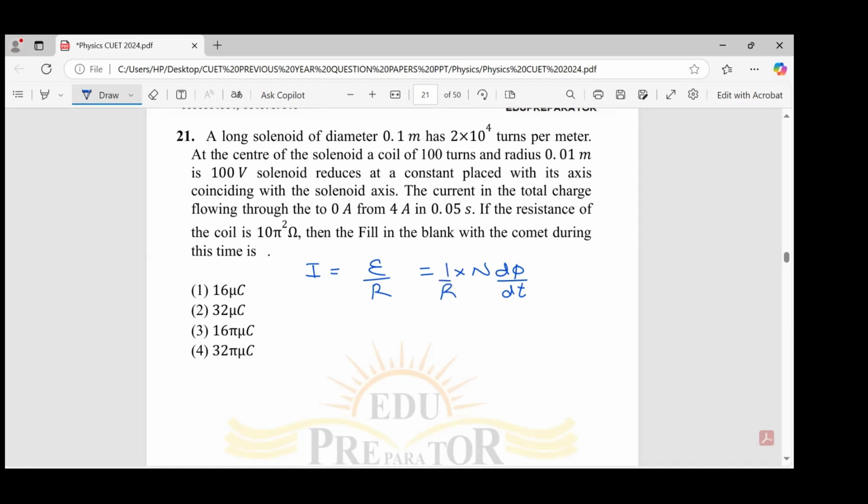So current is 1 by R into number of turns into rate of change of flux. And again, we know this current is also equal to the rate of flow of charge, that is dq by dt, right? So we have dt going with dt, so time is not a factor involved here. We can find the value of charge, just substitute the values, and we'll get the answer as 32 microcoulomb.